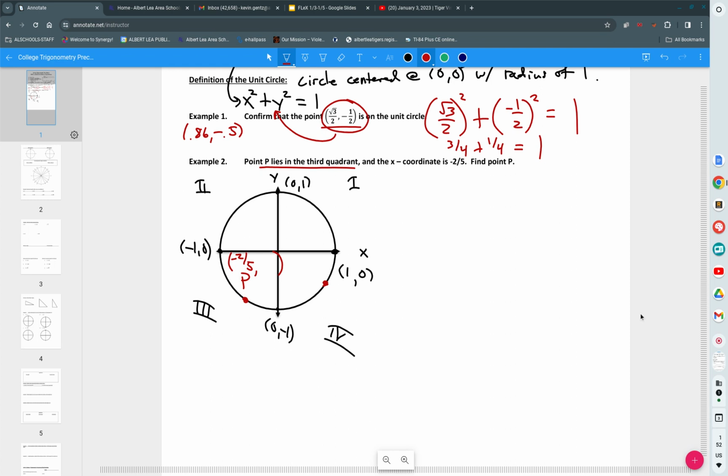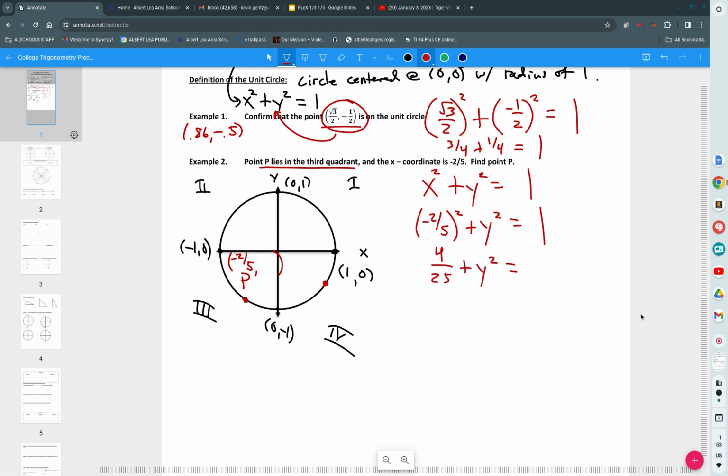Now we're going to try to find the y value. So I will just use my equation for the unit circle. x squared plus y squared is 1. I plug in -2/5 for x. I square that and I get 4/25.